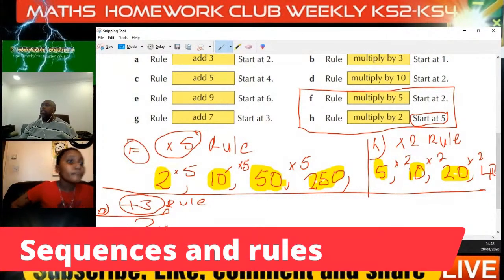Okay, so we're adding 3. What comes after 2 then? If the rule is add 3, count, Denzel. Come on, check. 2 add 3. 5. Okay, don't guess, please. Next one. Add 3 again.